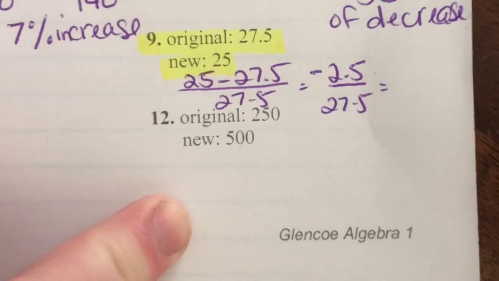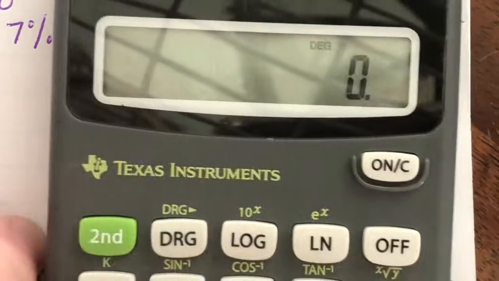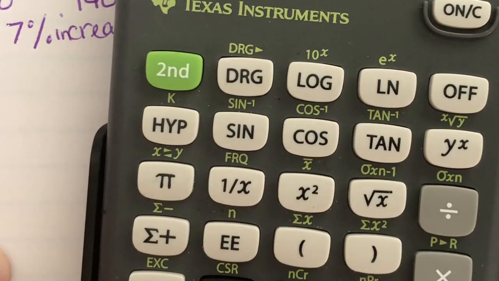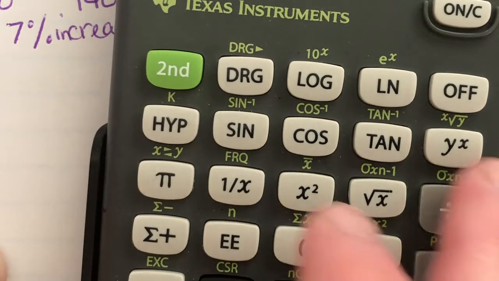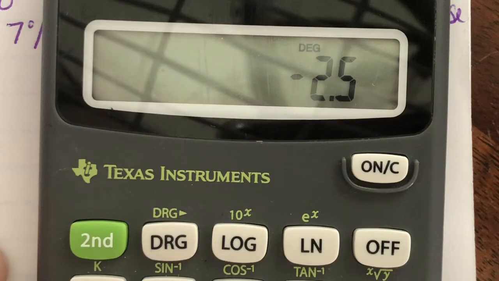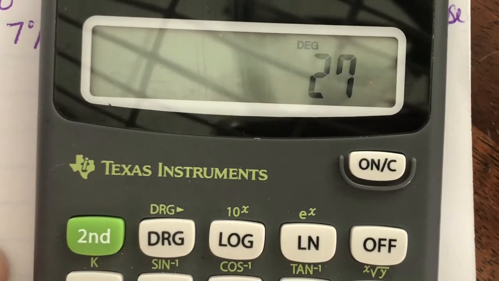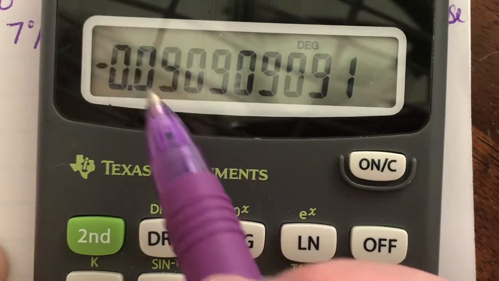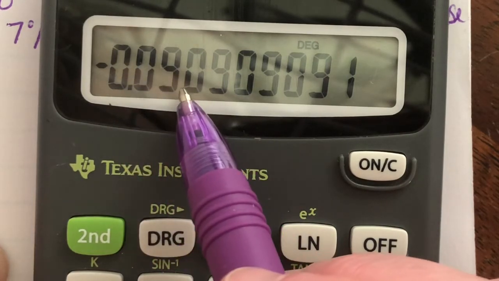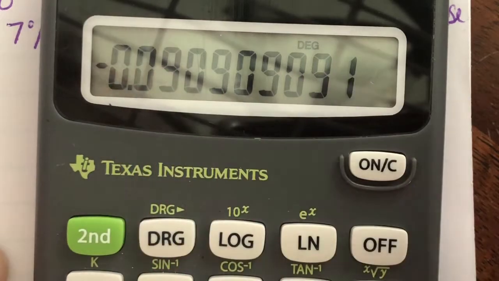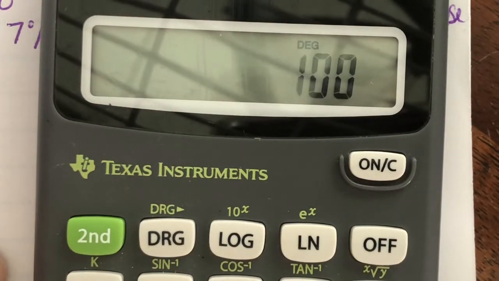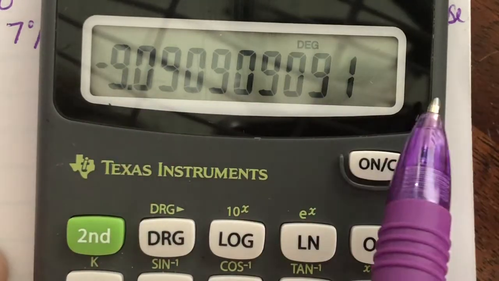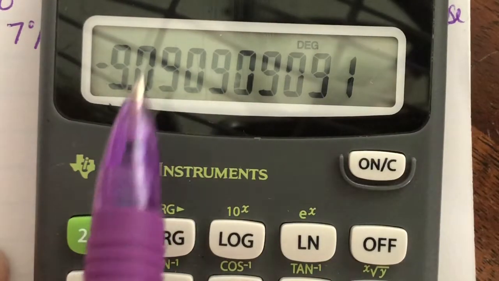If we divide that in our calculator, negative 2.5 divided by 27.5 equals, and then I want to move my decimal place over 2. Another way to do that is just multiply by 100, which equals negative 9 point blah blah blah, right? Which we would just round to negative 9.